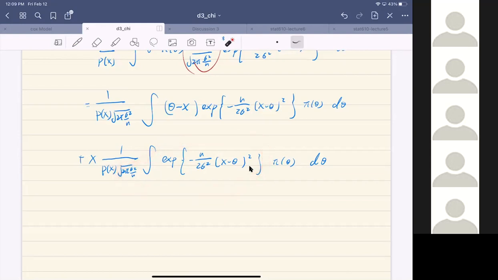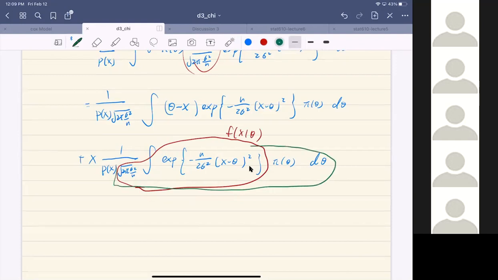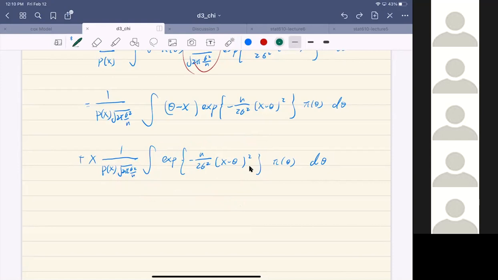This term is equal to the density of x conditional on theta, so that means this term is equal to p of x.